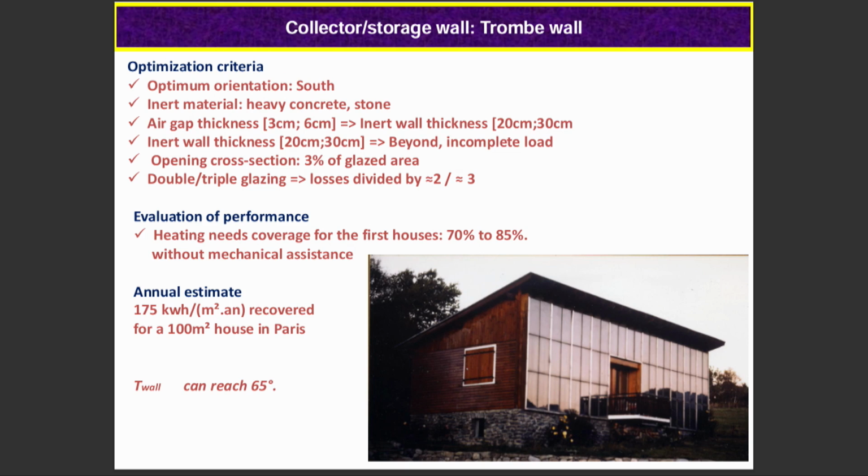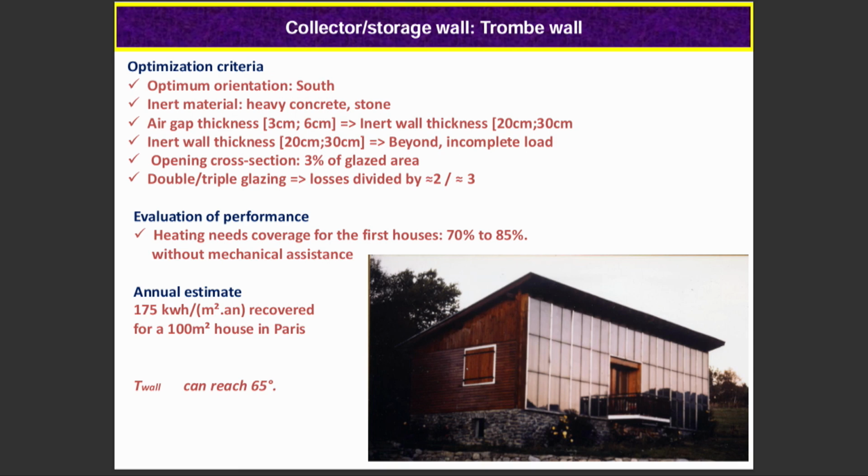So in terms of characteristics, the optimum orientation is south. At the backside there are PCM materials or phase change materials. The air gap is around 3 to 6 centimeters, and the inner wall was at that time 30 centimeters of stone.